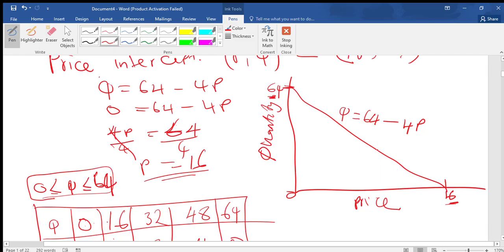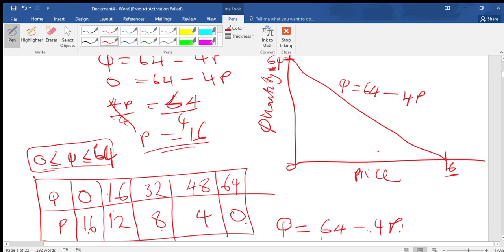So if you look at this graph here, which is simply saying 0, 16 here to be the price, or maybe we're talking about this, what? 0, 64. This is the point. We can continue to 4, what?